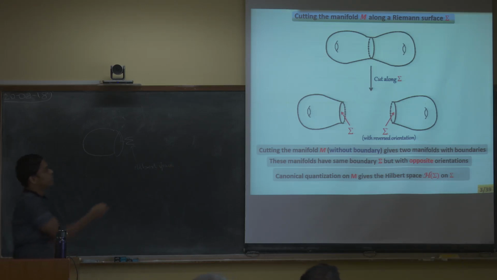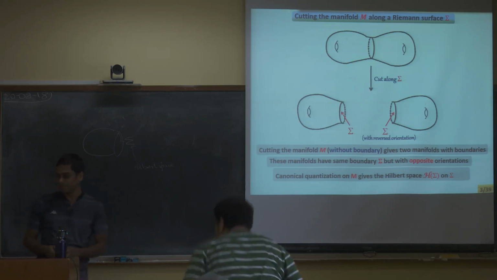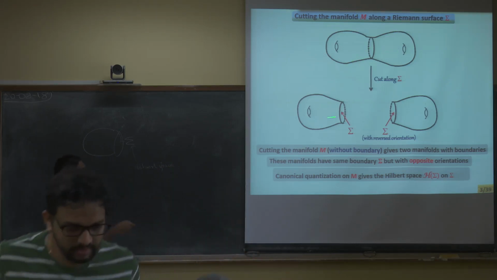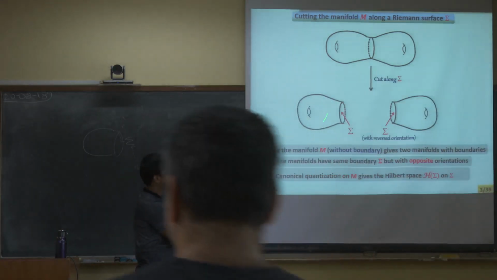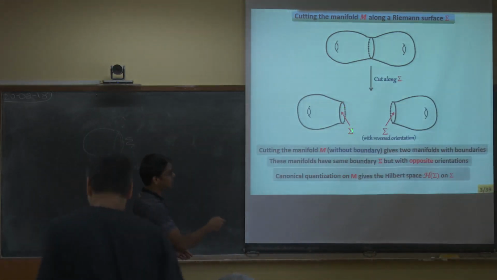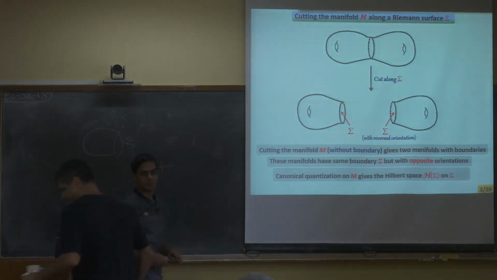What we do is we take the manifold and cut it along a Riemann surface sigma. Basically this will cut the manifold into 2 parts, and if we do this canonical quantization on this manifold, it will associate a Hilbert space on this boundary sigma.